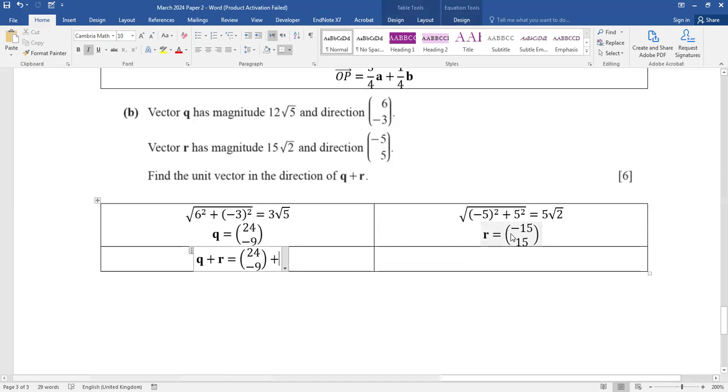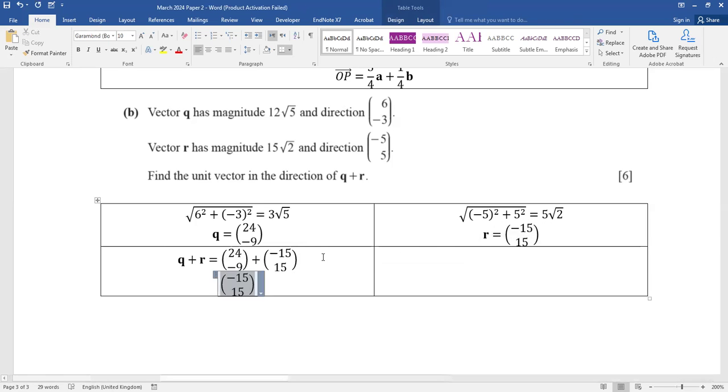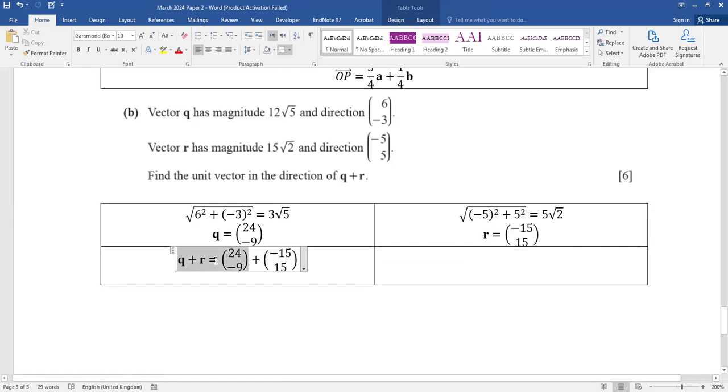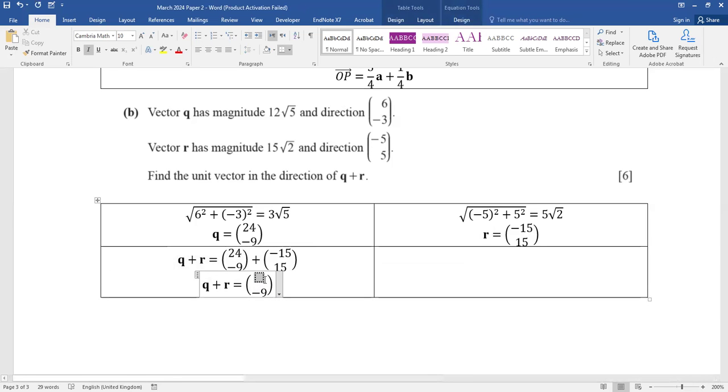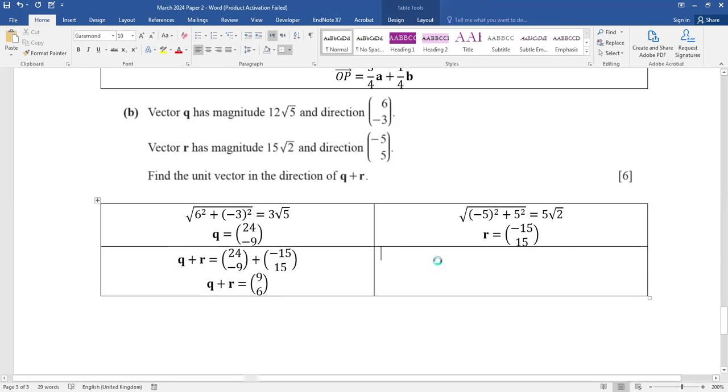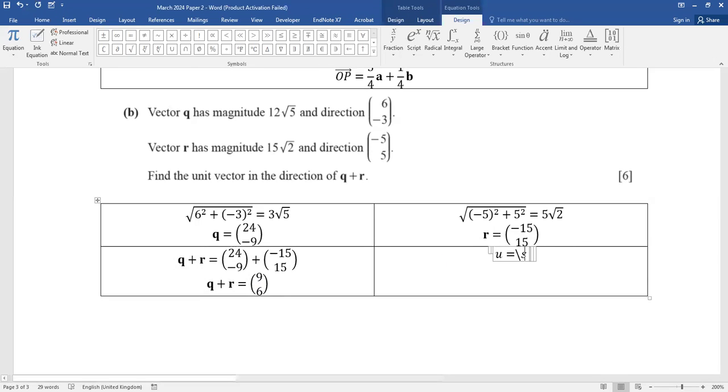Q plus r, so this vector: 24 minus 15 is 9, and this should be 6. So 9 and 6. Now we need a unit vector in this direction, which will be 1 upon the magnitude, which is the square root of 9 square plus 6 square. And that will multiply by the vector itself.